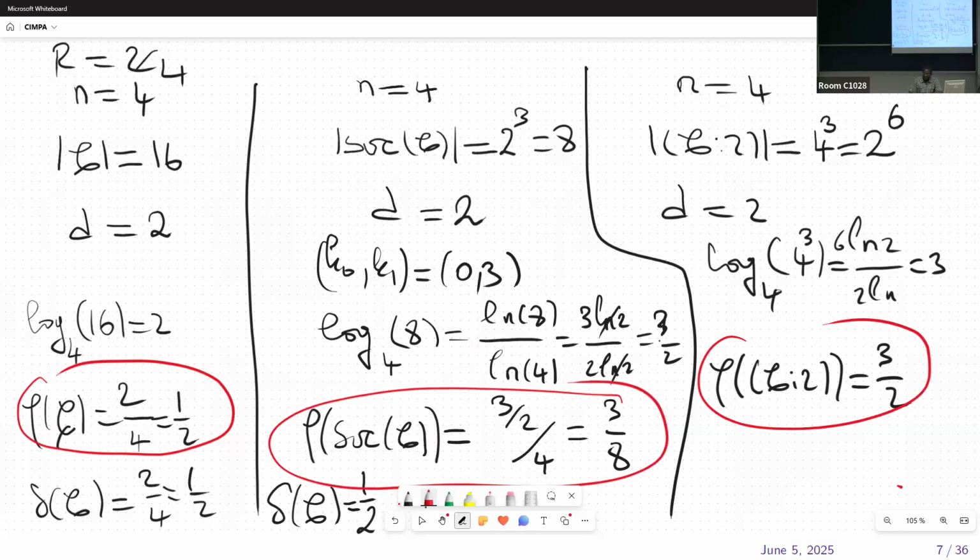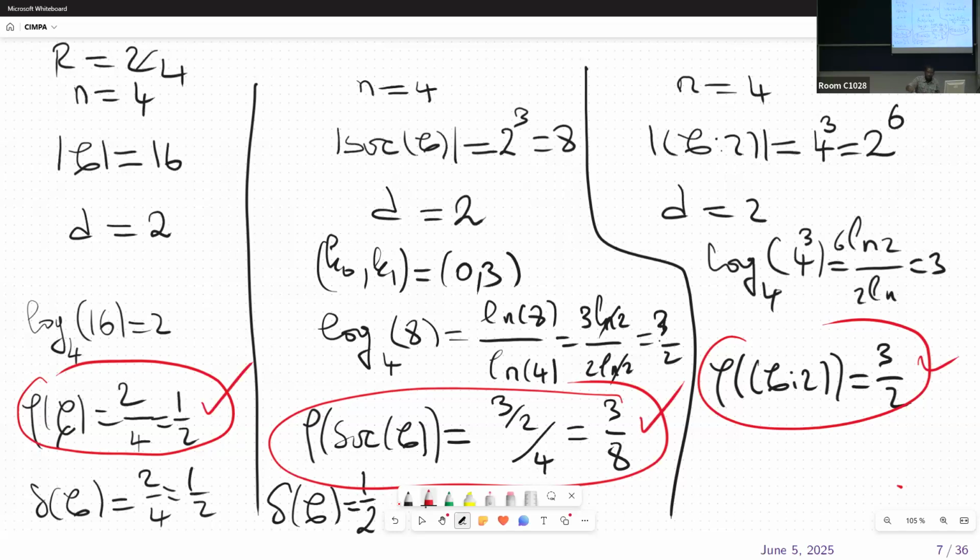We compare this. The smallest data rate is this one. After here, and this code is free. This code is free.